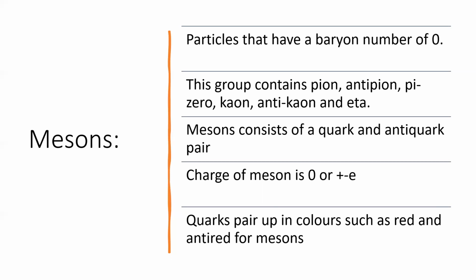I'm giving you the example of proton and neutron. When we talk about mesons, mesons consist of only 2 quarks. One will be a quark, one will be its antiquark. The charge of a meson is always either 0 or ±e. Quarks pair up in colors such as red, anti-red, blue, anti-blue. So, 2 for mesons.